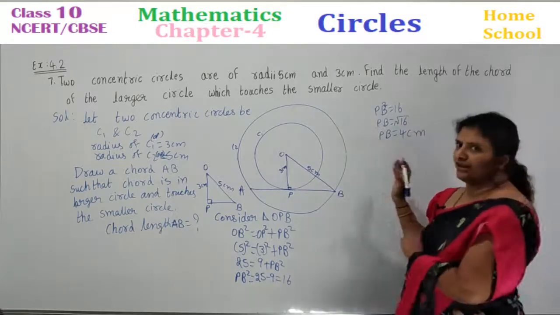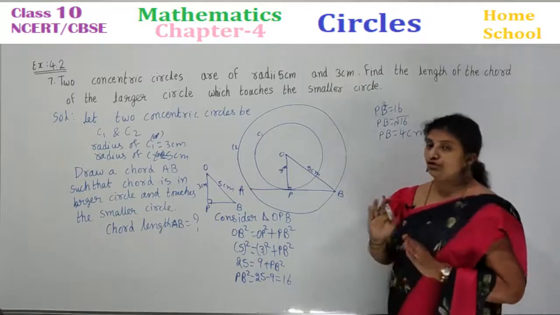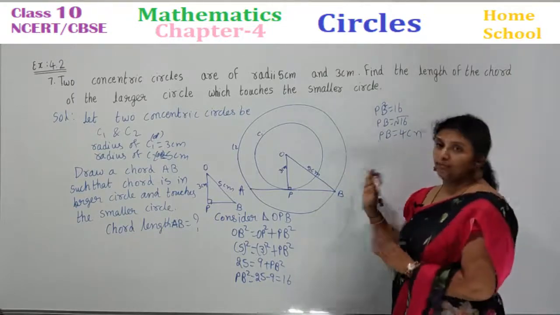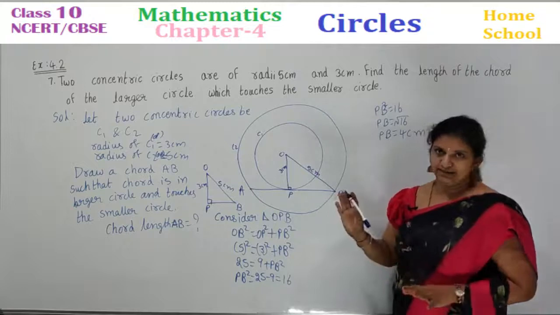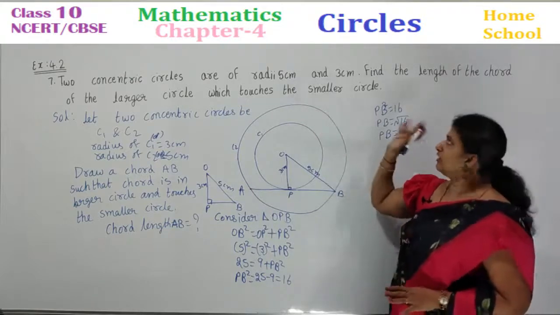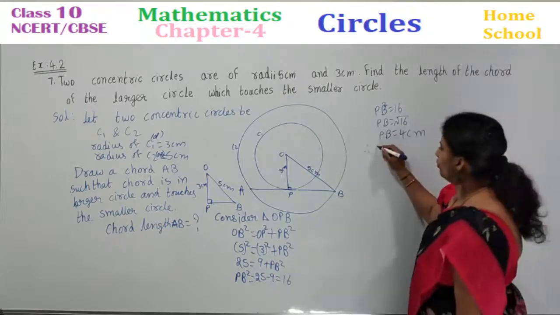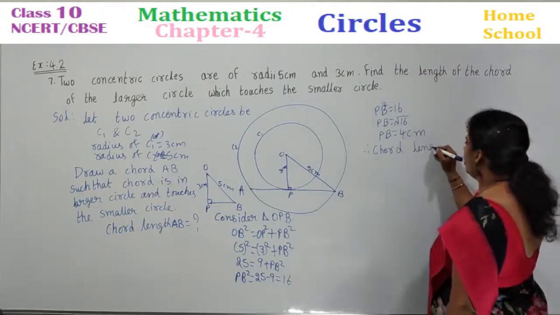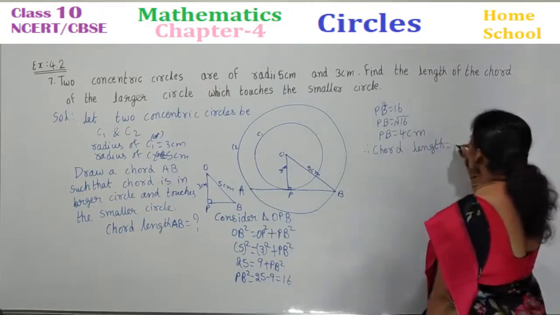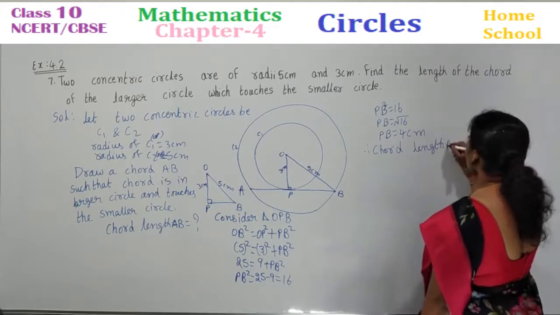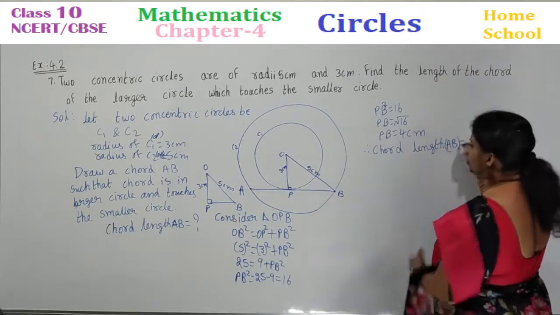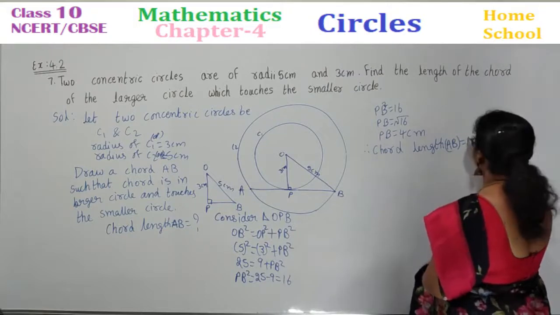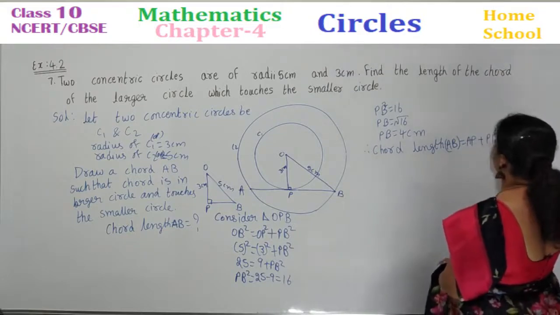Most of the people will end the problem here. No, you should not end. Still, your problem is not completed. What is the length of the chord asked? Therefore, chord length AB is equal to AP plus PB.